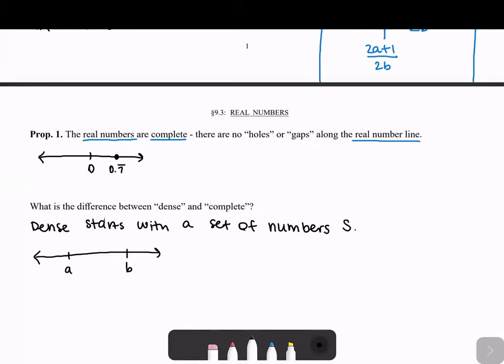So if we look at A and B as elements of S, we want to know is there a number C in S such that A is less than C is less than B.